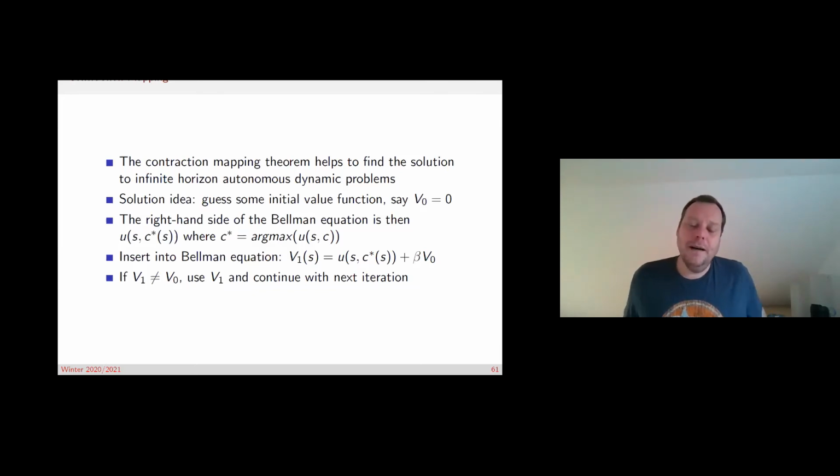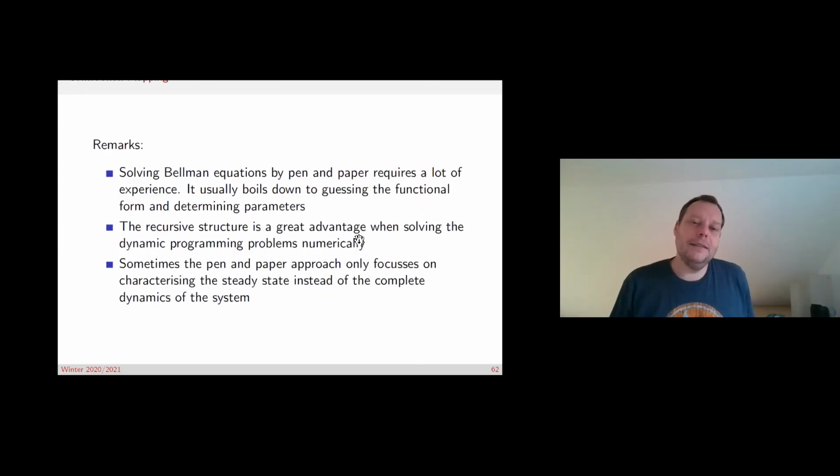But if you have to write it down, well, then you want to make sure that you make a better guess, because the better guess saves you on iterative steps. Okay, and this is what people do. And sometimes people then also only focus on describing the path of the optimal control. But nevertheless, this recursive structure is of great advantage when we solve those problems numerically.